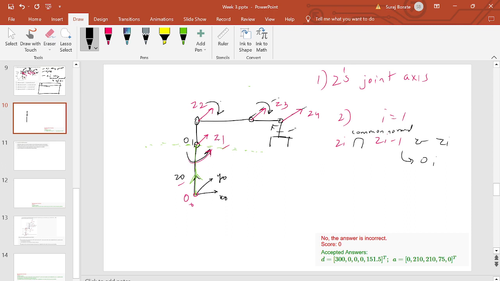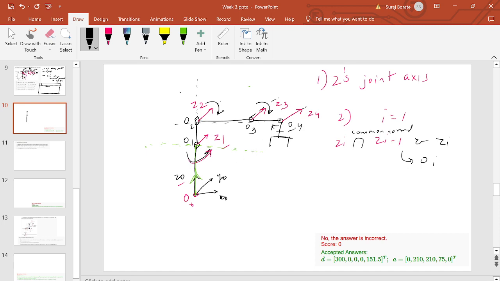By the same logic, for Z1 and Z2 the common normal is along this line, and it intersects Z2 here, at O2. Similarly, for Z2 and Z3 the common normal is this line, and it intersects Z3 here, at O3. Similarly, O4.